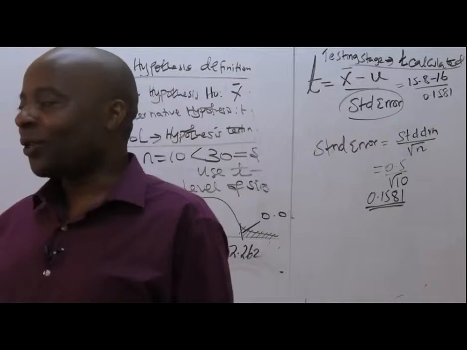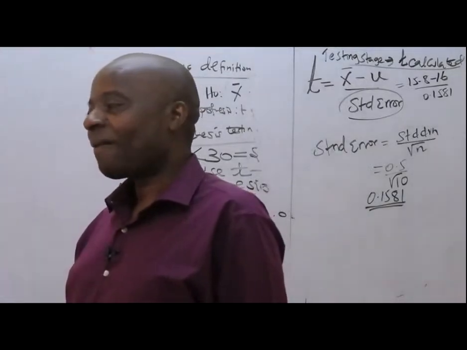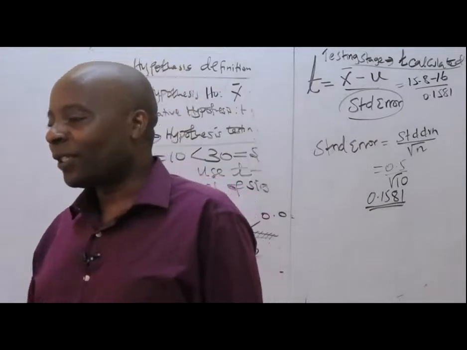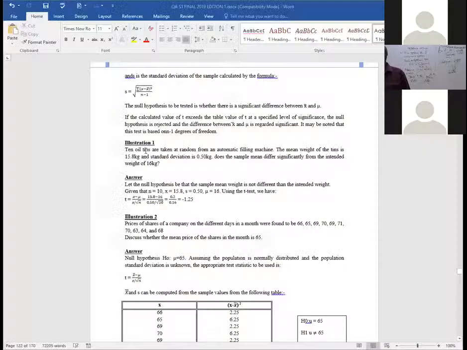I can see your signal is clear now. Talk to us. Which question is that? The one that you're doing, it is this question here. Illustration 1. You can just take a snapshot of that. Okay, thank you. Okay, great.